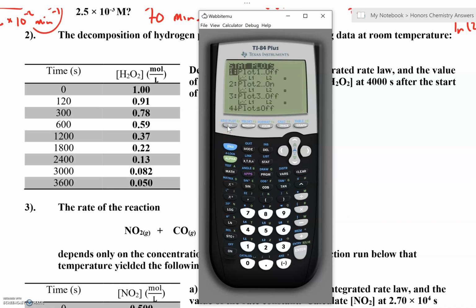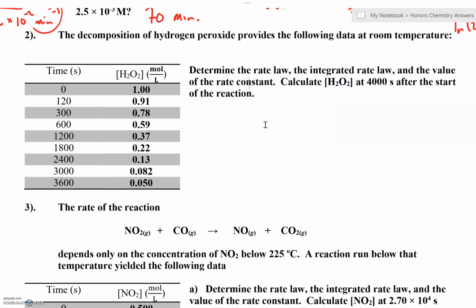That's what we want. So we're going to tell the calculator to turn on plot 2, and to graph L1 versus L3. Now we can graph that, and we'll zoom to the data. This is a very straight line, and that means that this is very clearly a first order reaction.